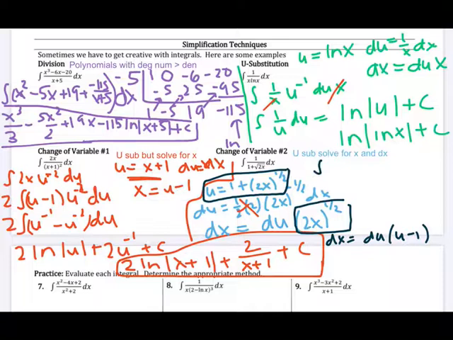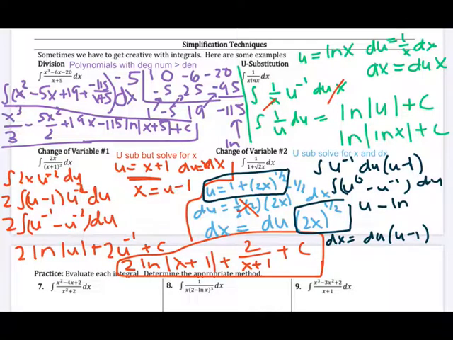This is going to be the integral of u to the negative first power times du times u minus 1. I can distribute here, so this is going to become u to the power of 0 minus u to the negative first power du. And then I can integrate, so this is going to become u minus natural log of the absolute value of u plus c.